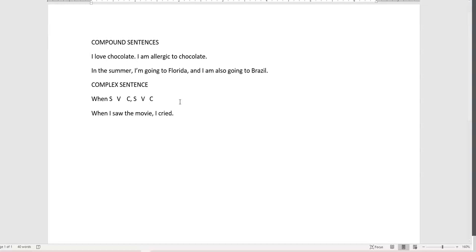I'm allergic to chocolate. In here, I cannot do that. If I were to put a period over here, this would be a fragment. When I saw the movie. When I saw the movie, what? So I have to use a comma, and then I say, I cried. So this is a compound sentence. This is a complex sentence. Okay? All right, so let's go back to the book.